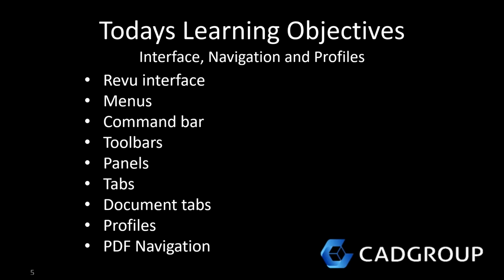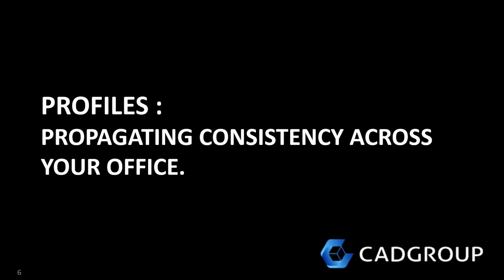So I'm not going to go through this list of actual interface objects, because we will be looking at that during the demonstration. One of the things I will mention a few times during the presentation, though, is this idea of profiles. So what you can do is you can basically take a snapshot of any of your settings inside Bluebeam Revu. That means that you can reuse any tools that you set up, and it also means that you could propagate those settings throughout different people in your office.